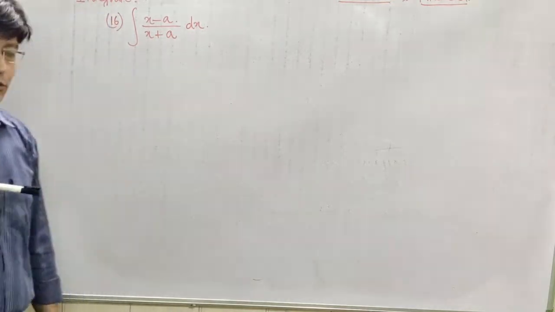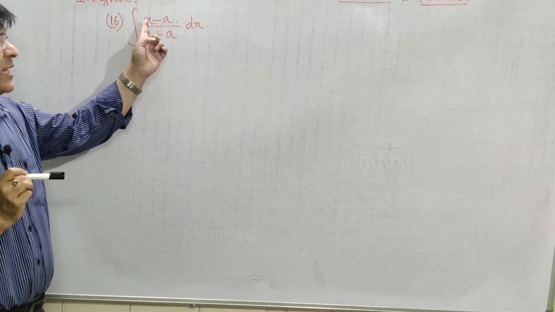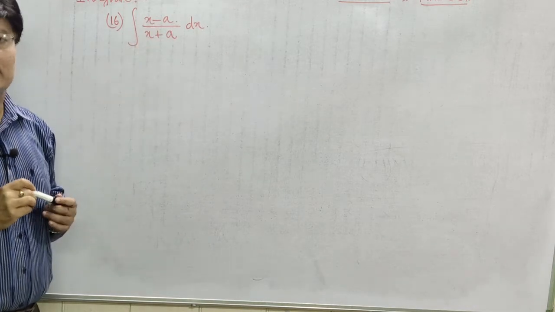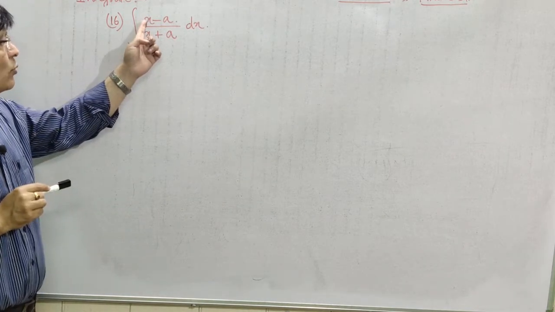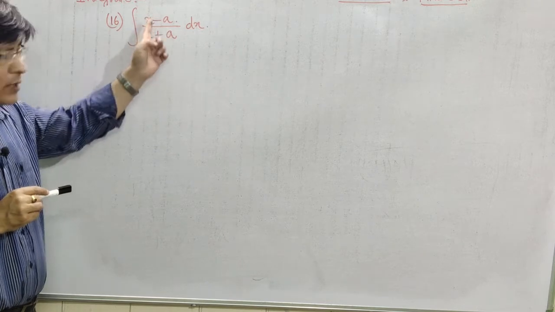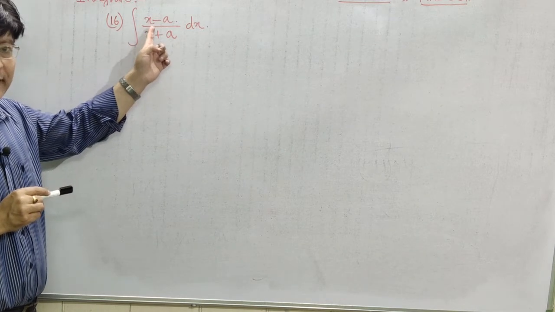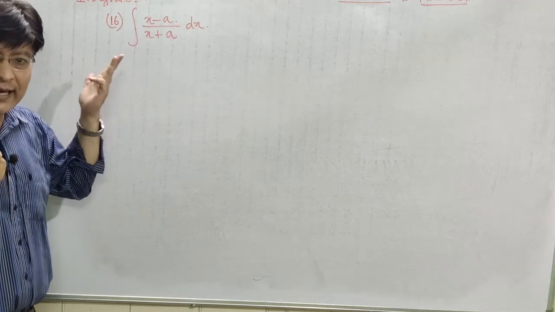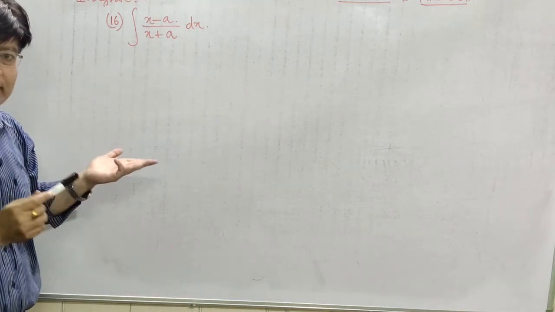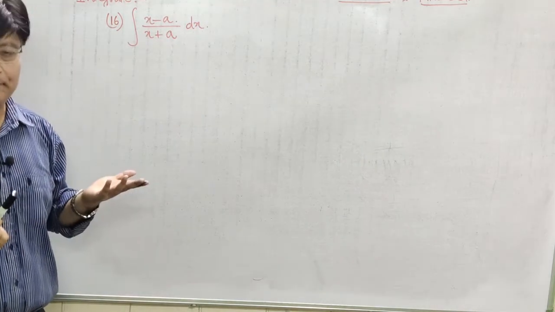So you have to check the power of x in both the numerator and the denominator. In the numerator, what is the highest power of x? It is 1. And in the denominator also, what is the highest power of x? It is also 1.